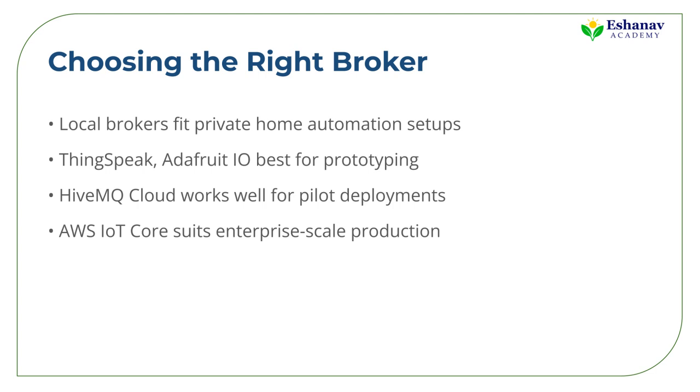For real-world pilots, like an agricultural monitoring system across multiple villages, HiveMQ Cloud is my go-to, because it's reliable, free to start, and handles the messy parts of scaling. And if a client is paying for an industrial deployment, AWS IoT Core is the natural choice, despite the learning curve, because of its integration with analytics and AI services. The takeaway? Match the broker to the project, not the other way around.